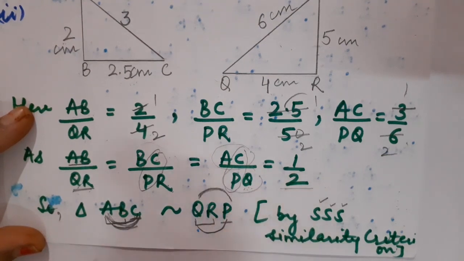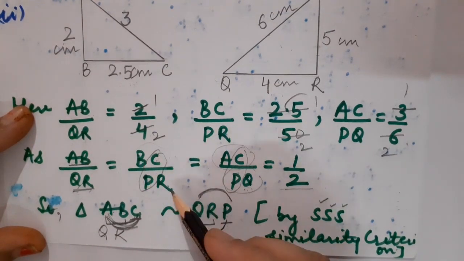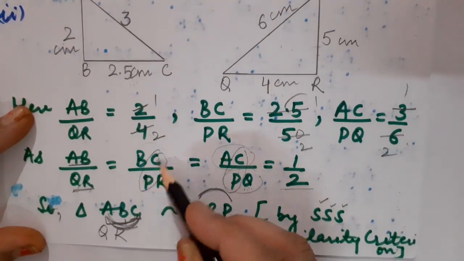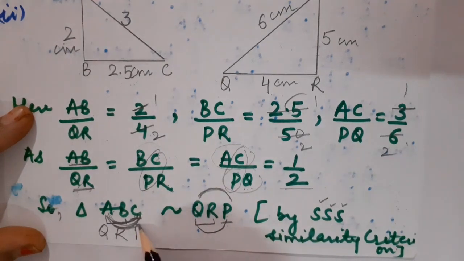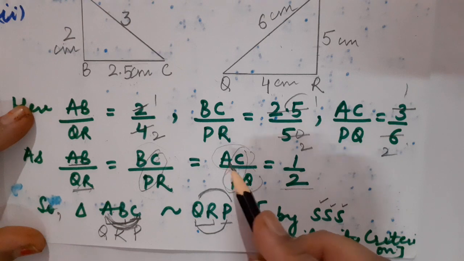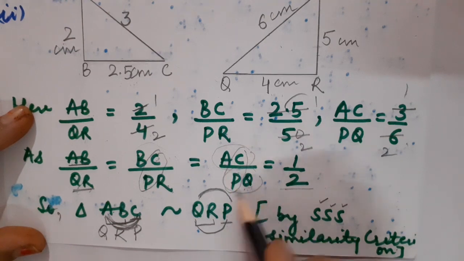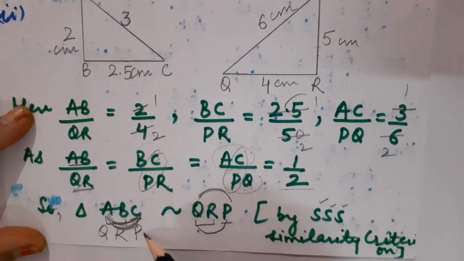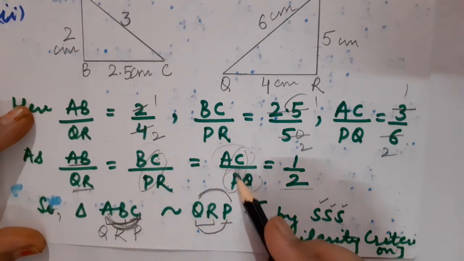Fine, beta. Again I am repeating, AB will be in correspondence with QR. With A I have fixed Q, with B I have fixed R. Now let us check. With B, R is fixed. So what is left with C? Of course with C, P is there. Fine. Now let us verify it in the third relation. This is AC upon PQ. With C, what have you fixed? You have fixed P. And with A, what have you fixed? You have fixed Q also.